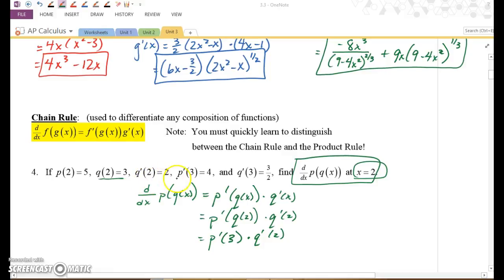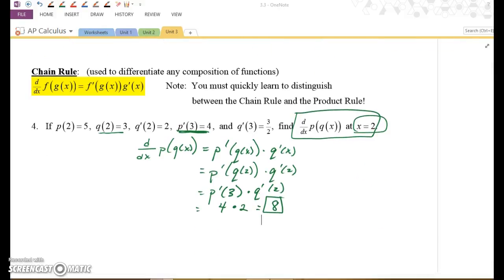Looking up above, the derivative of p of 3 right here is equal to 4. So this piece now becomes 4. And I'm going to multiply times the q derivative of 2. If you find the q derivative of 2 up here, it is equal to 2. So this basically turns into 4 times 2, which is 8. That's kind of a cool little way to do the chain rule.